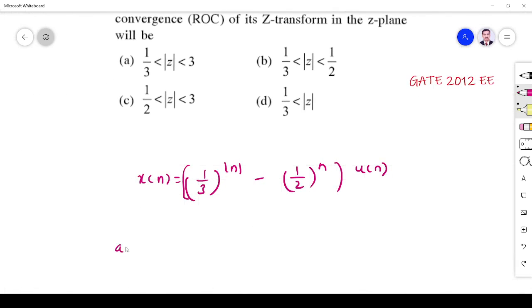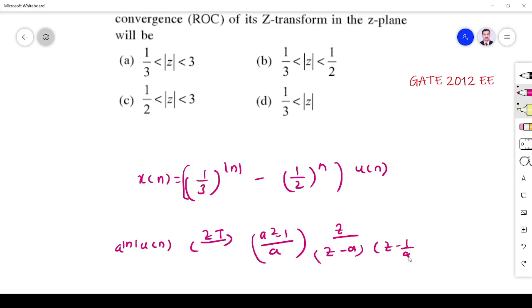We know a^|n| for that the z transform is (a squared minus 1) divided by (a z) by ((z minus a)(z minus 1/a)), where the ROC is a less than |z| less than 1 by a.